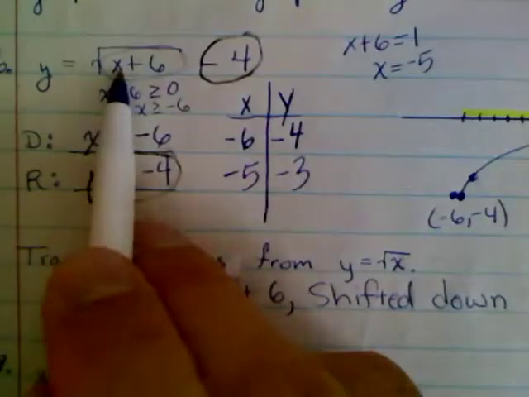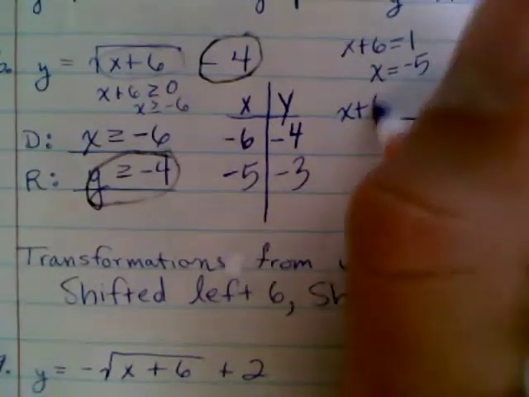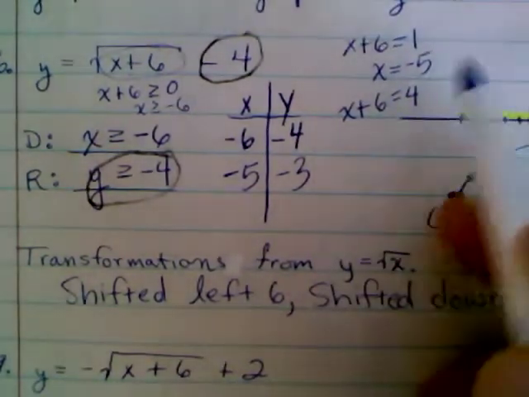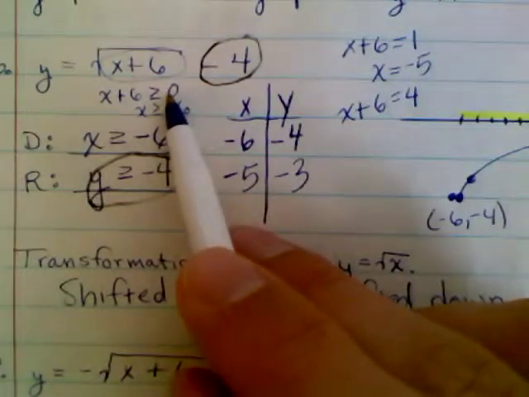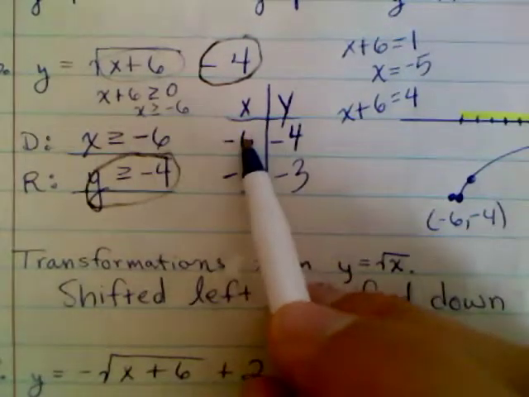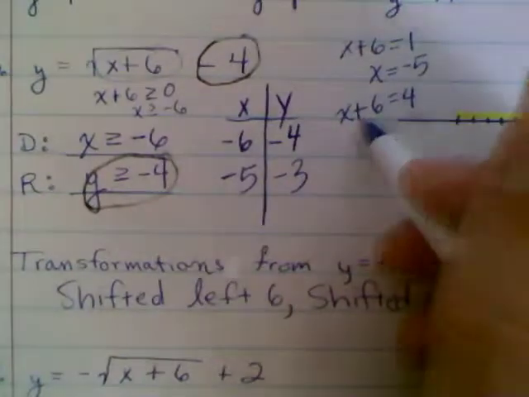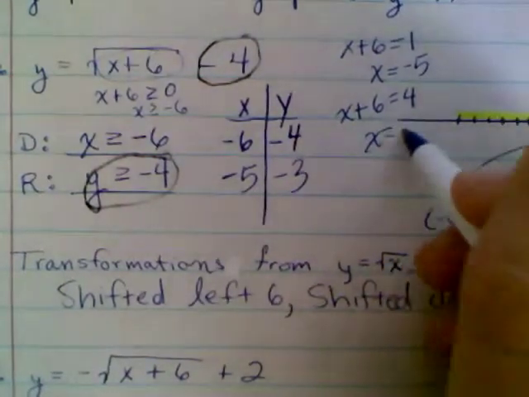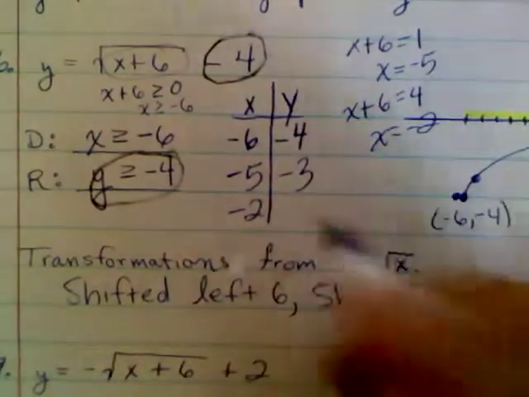And then I'm going to take x plus 6 and set it equal to 4, because that's my next perfect square. The perfect squares are 0, 1, and now 4. Subtract 6, x equals negative 2.